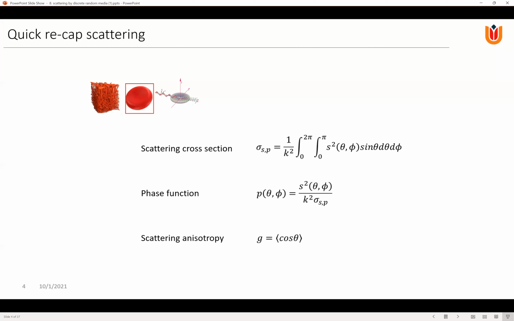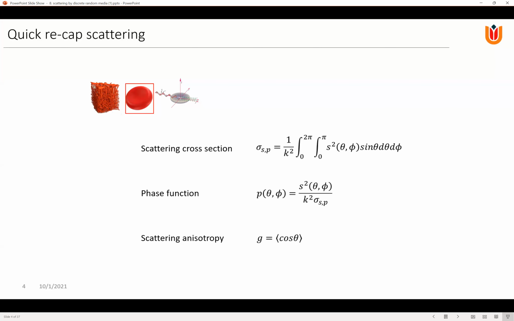It's an average, right? These two bars indicate an average. So what the equation basically says is that it is the average cosine theta. So what does that mean? If the amount of light is being scattered in one direction. That's the answer I was looking for.